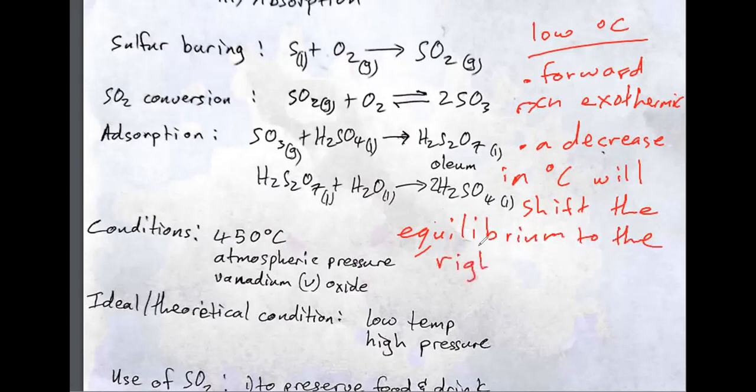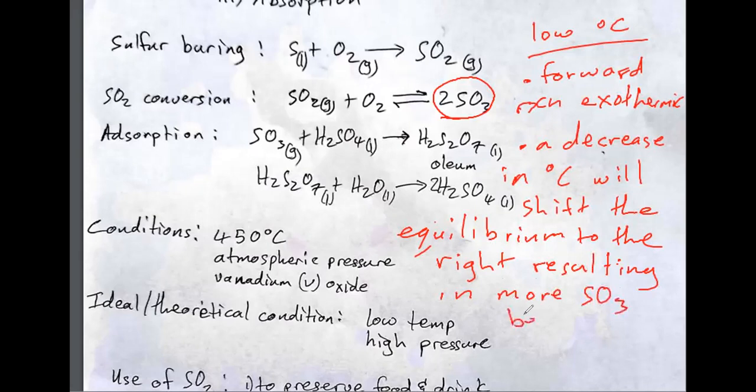Just remember that when you decrease the temperature, equilibrium will shift to the right hand side. And on the right is SO3, so you will increase the yield of SO3. A decrease in temperature shifts the equilibrium to the right, resulting in more SO3 being produced.